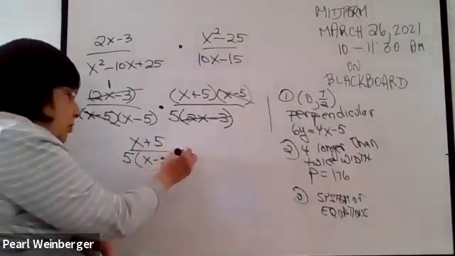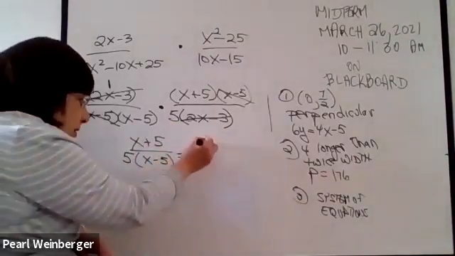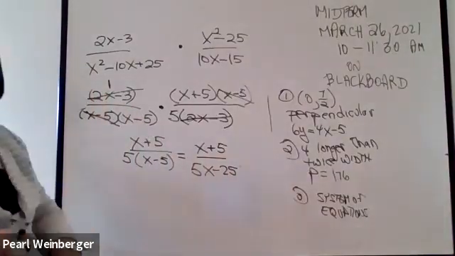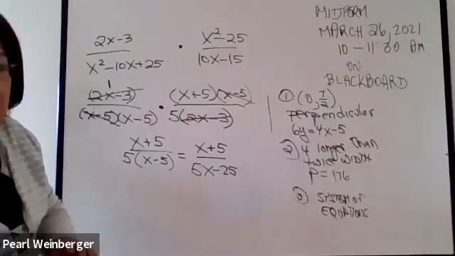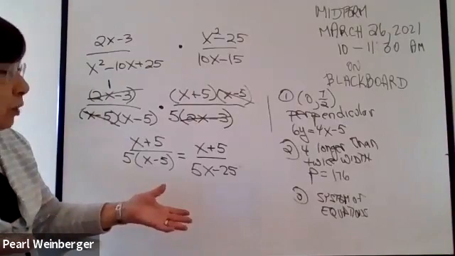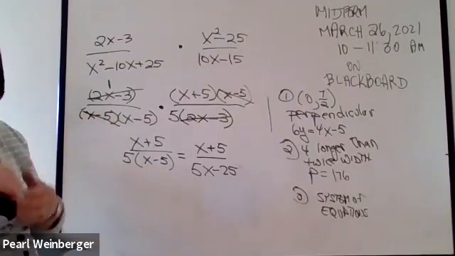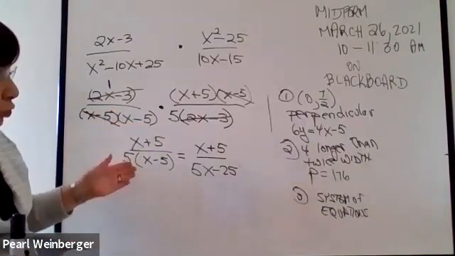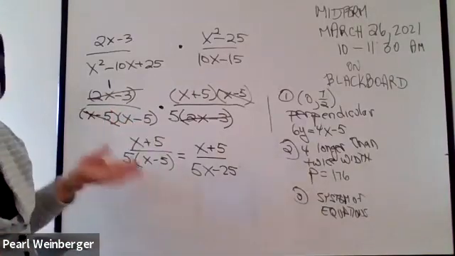You could have also written x plus 5 on top and 5x minus 25 on the bottom, right? Either of these answers are completely correct. If this is an open-ended question, either answer would be correct. If it's multiple choice, they'll only give you one of these choices because they can't give you both, because they're both correct.